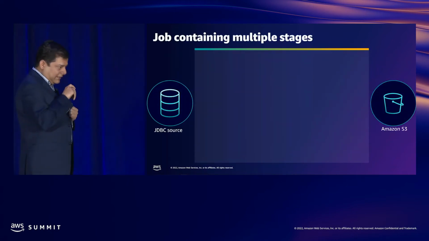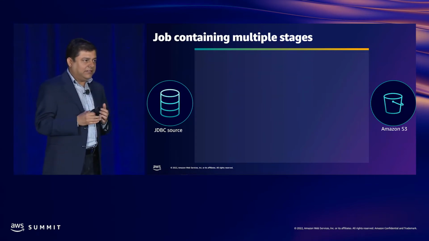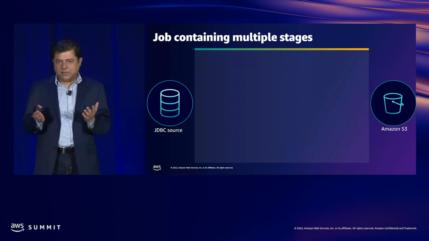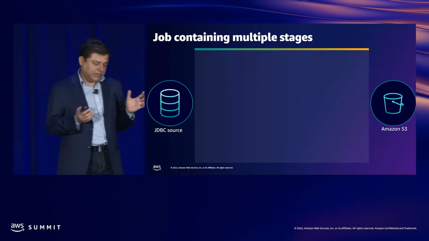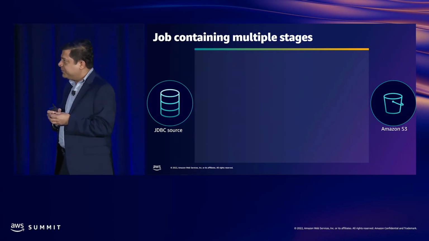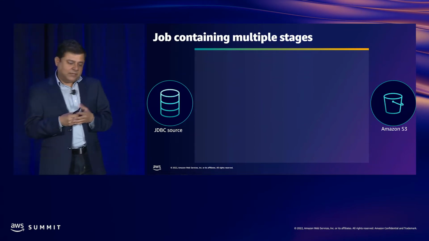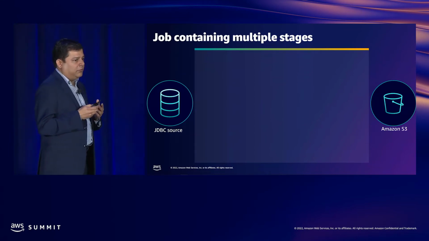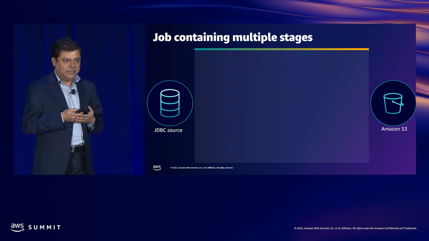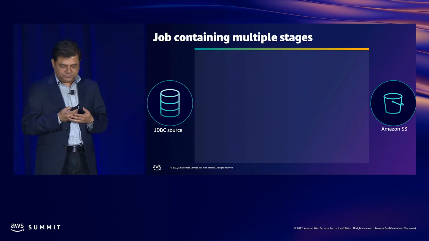Let's take one example where a job contains multiple stages. You are creating an ETL pipeline where data is coming in from a JDBC source, and you're writing it into Amazon S3. This is a common pattern, and it's a good example where we are going to walk through the different stages of a data integration job with Glue.